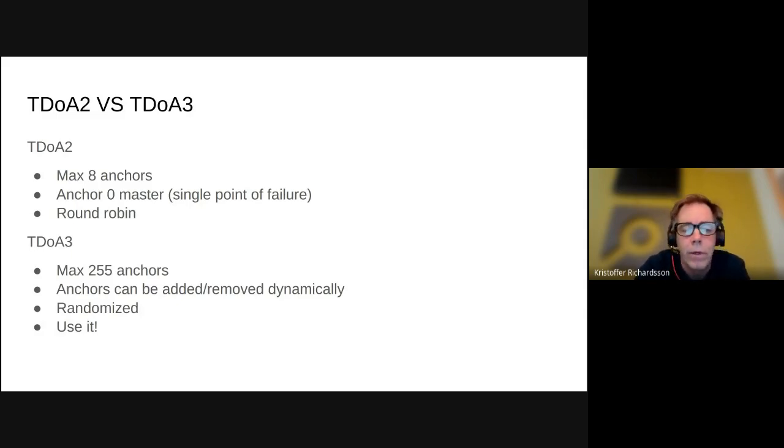It supports up to 255 anchors. Generally it's much better, I think. The accuracy is, I think, the same. So if you are choosing between TDOA 2 and 3, I would choose TDOA 3.